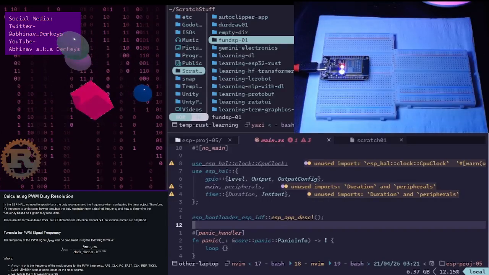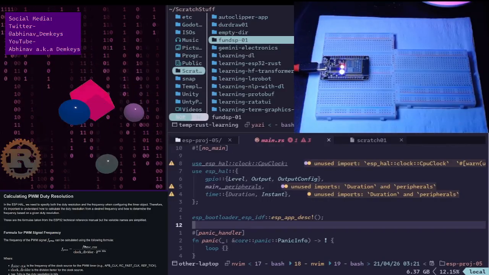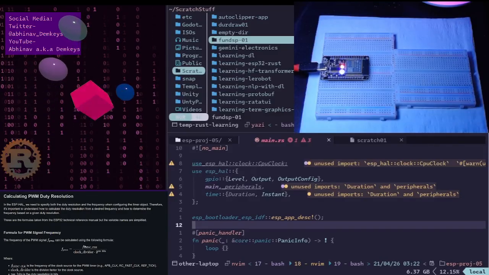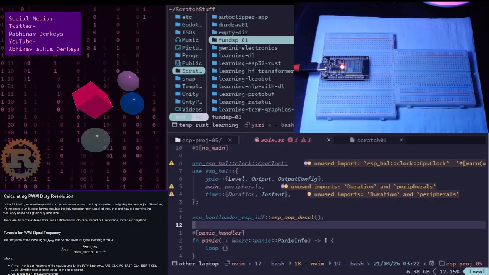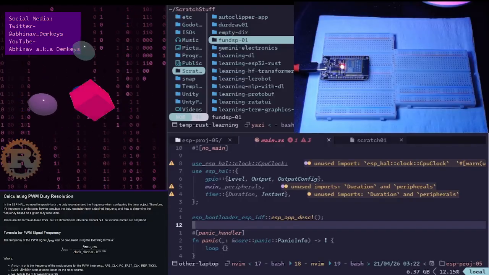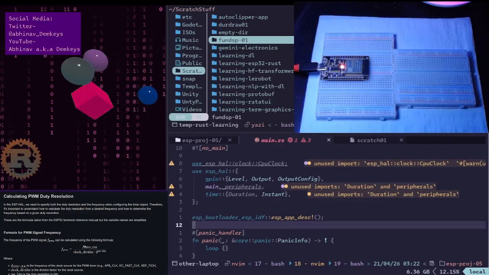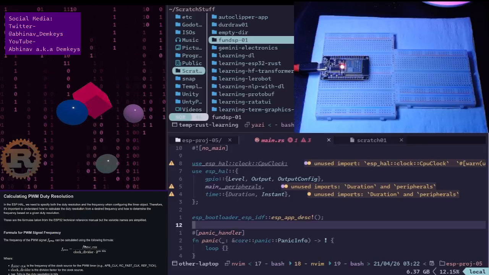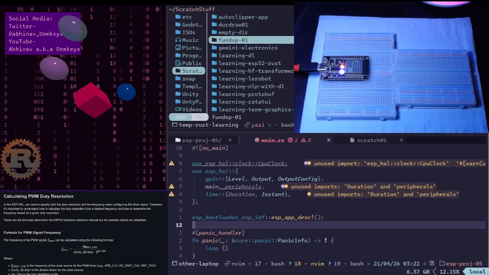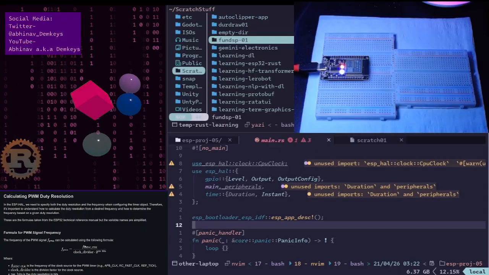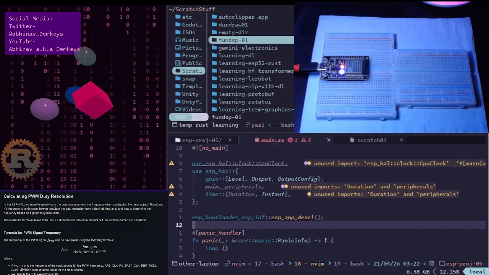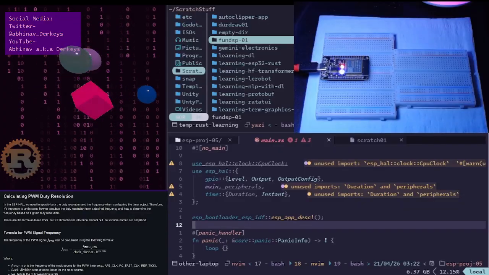So that means 80 million ticks per second. If one cycle is one tick, that's 80 million ticks per second. And then we divide that to find out how many seconds is one tick, and we find out that if our clock signal frequency is 80 megahertz, then one tick is 12.5 nanoseconds.